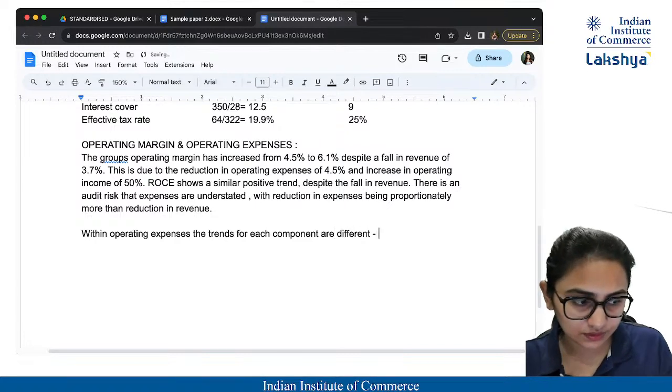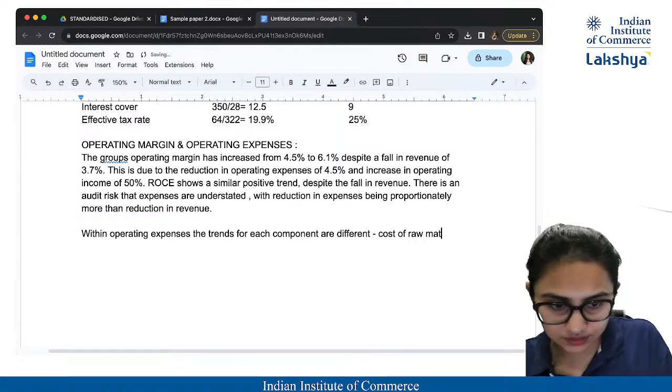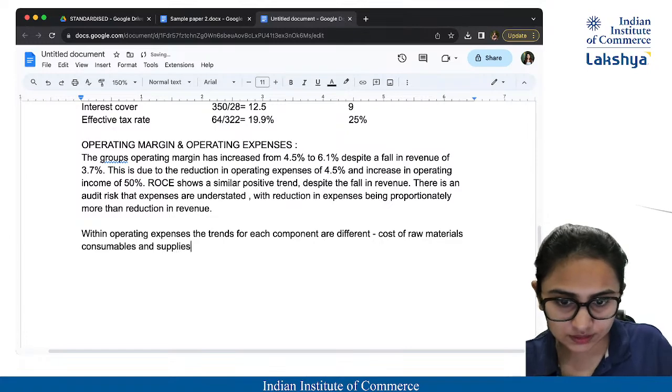For example, cost of raw materials, consumables and supplies.